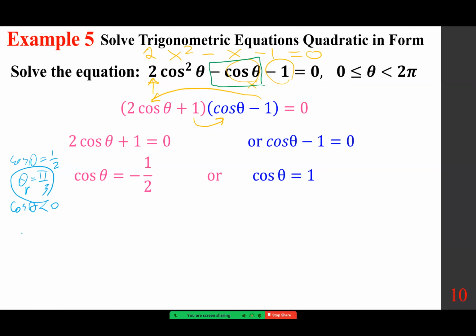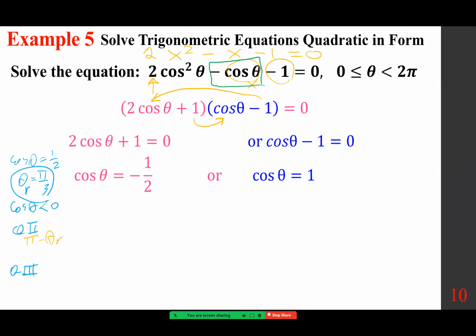Cosine is negative in quadrant 2 and quadrant 3. In quadrant 2, pi minus the reference arc.